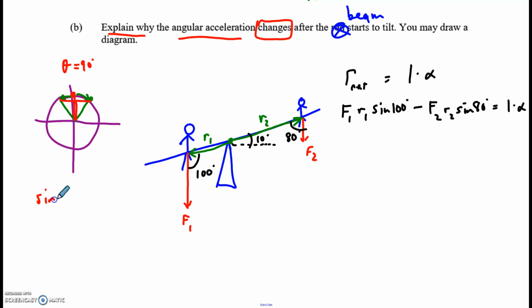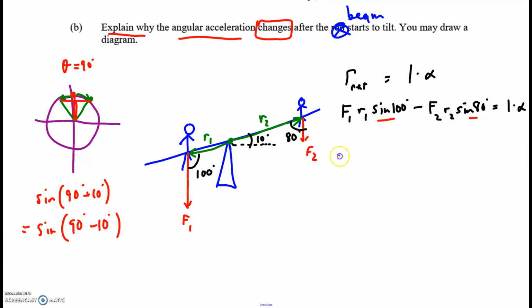In other words, the sine of 90 plus 10 is equal to the sine of 90 minus 10, because you've made a symmetric step around a circle with constant radius. So sine 100 and sine 80 are equal.